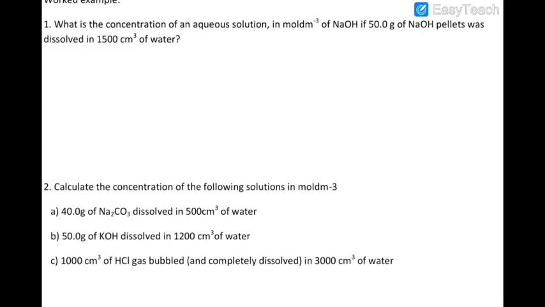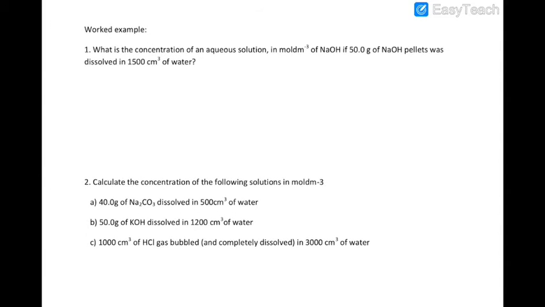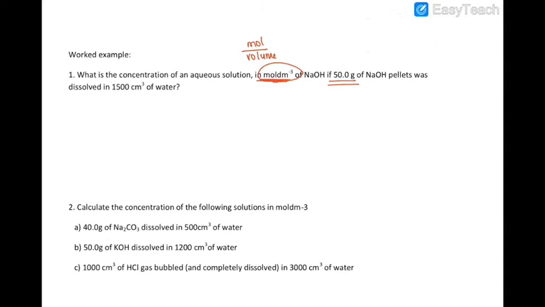Let's see one example. What is the concentration of an aqueous solution in mole per dm cube? So mole per dm cube, you will need to find the number of moles and you will need to find the volume. You are given 50 grams of NaOH. So here you're given the mass.